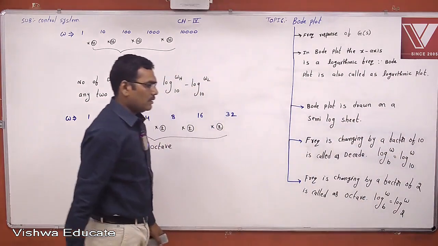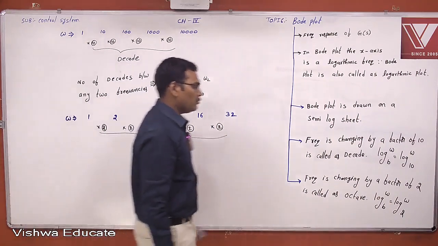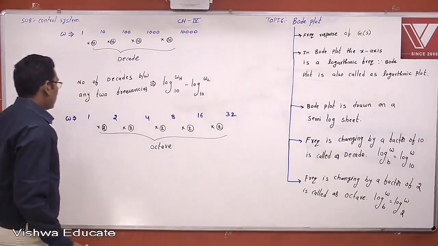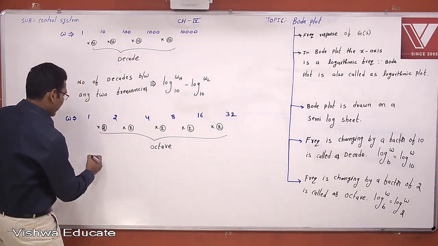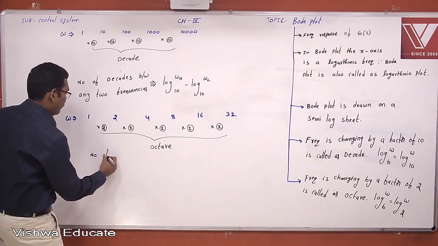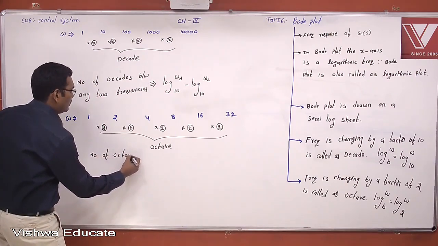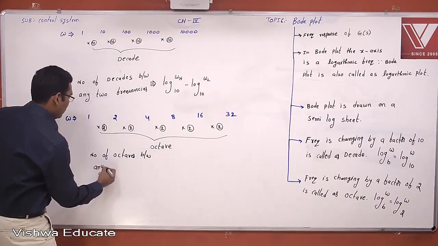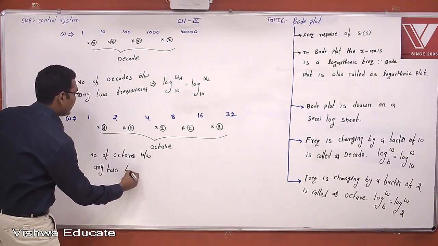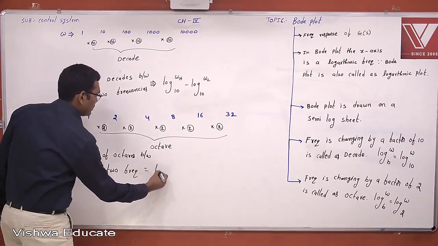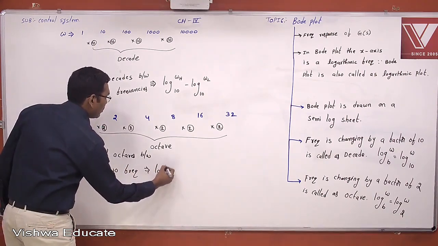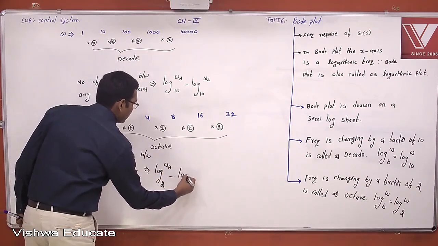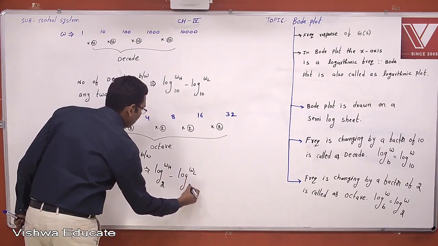Now see here, in the same way you can find the number of octaves between any two frequencies, which is log of the highest frequency base 2 minus log of the lowest frequency base 2.